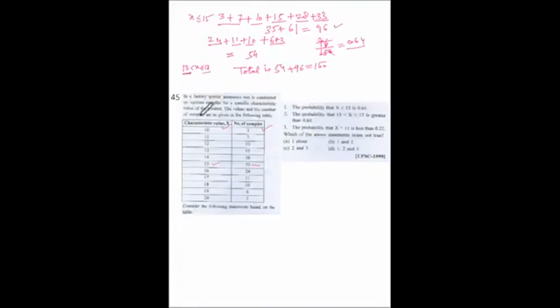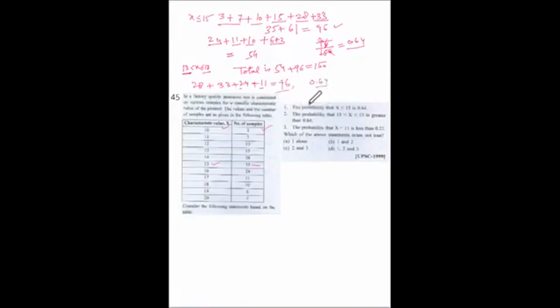It comes 28 plus 33 plus 24 plus 11. So the total is again 96. So this probability again comes to 0.64, and it says it's greater than. So this is not correct.